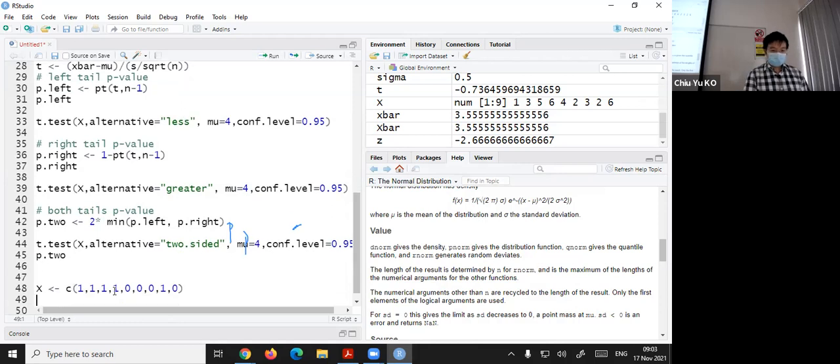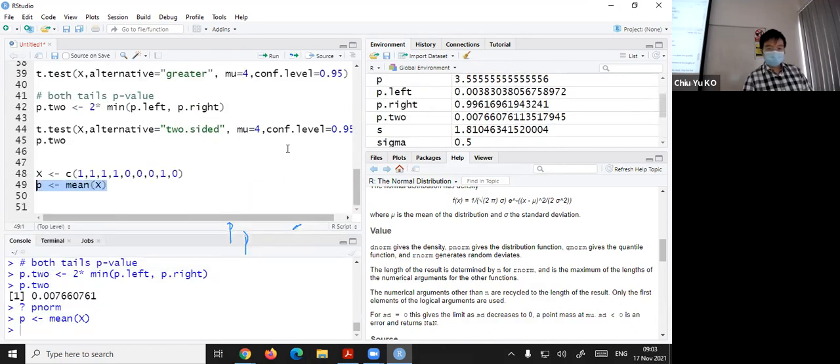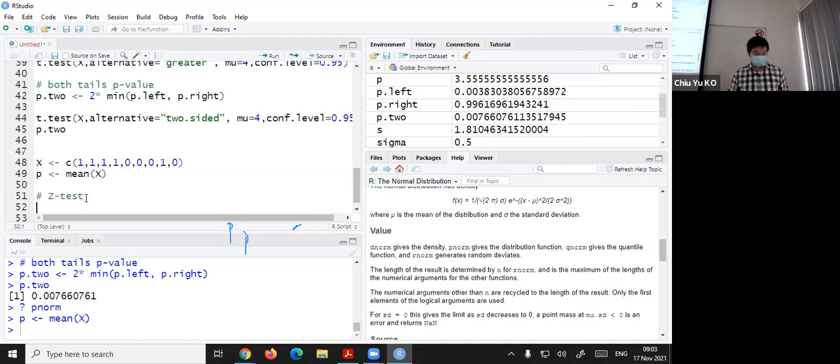So we need to do a Z test here. First you need to calculate P, which is the sample proportion. P will be just the mean of X. And then we do a Z test here. If you still remember the formula, let's write it down here.